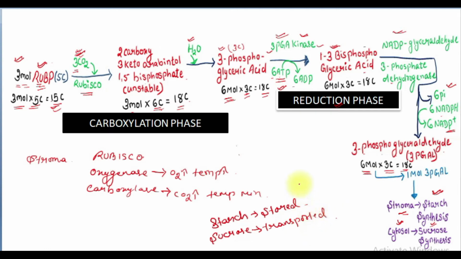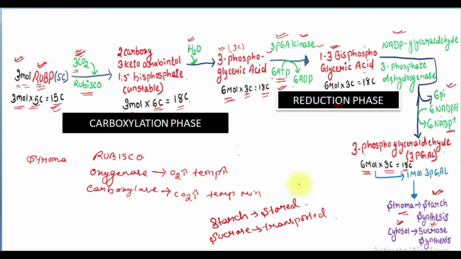Okay, till now we have discussed the carboxylation phase and the reduction phase. Let us see again about them. What happens in the carboxylation phase? The carbon dioxide is being fixed in presence of the enzyme rubisco.